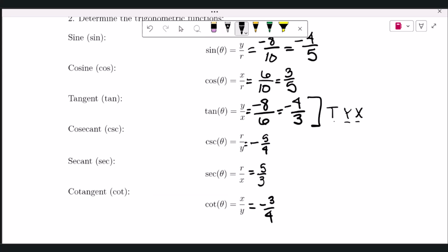We could say the Yankees X-ray. The Yankees X-ray. Because if you can remember that, the y is part of our sine. The x is part of our cosine. Hopefully that helps you.